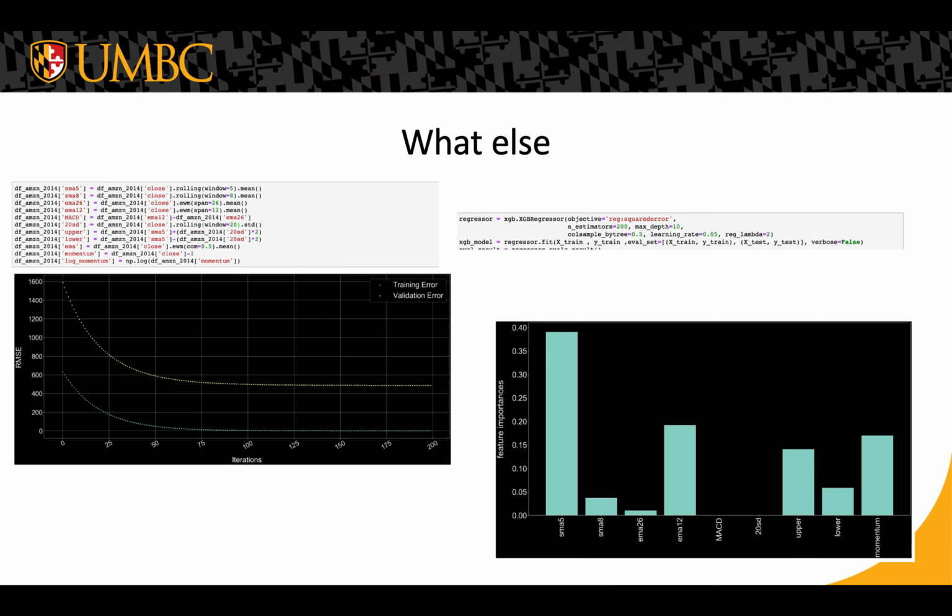So I read more about stock price analysis, and I realized there's actually more information that could be extracted from the data set itself.